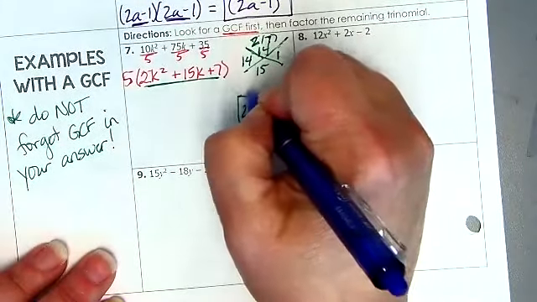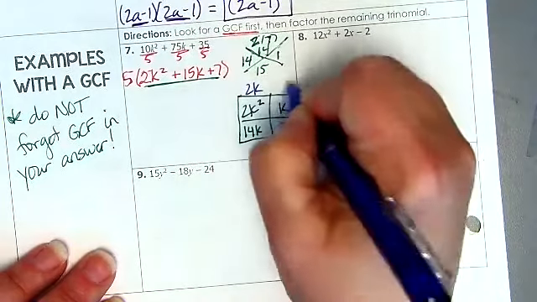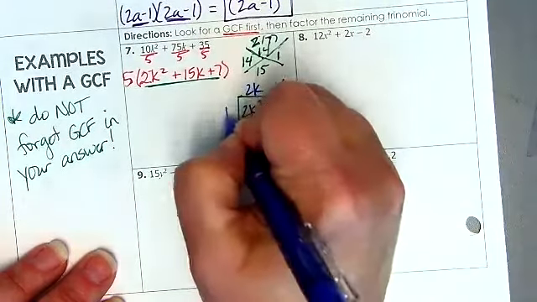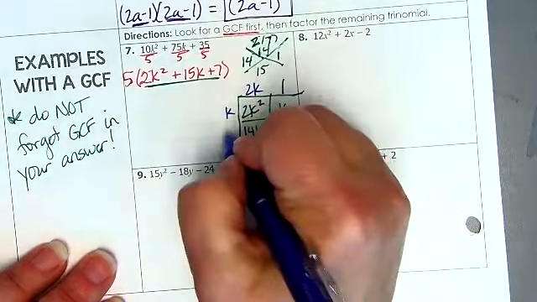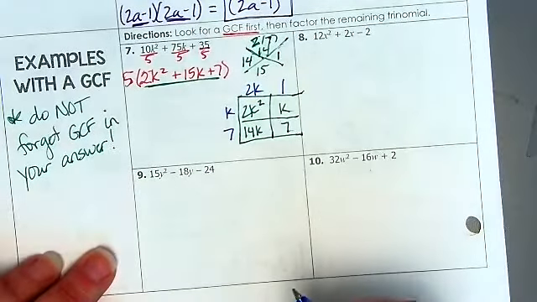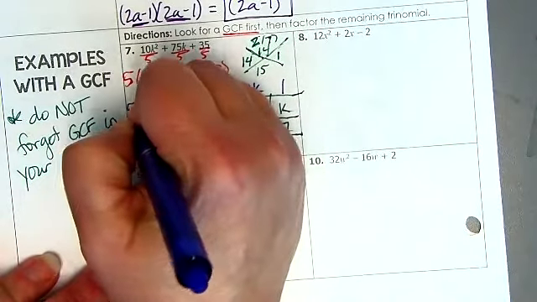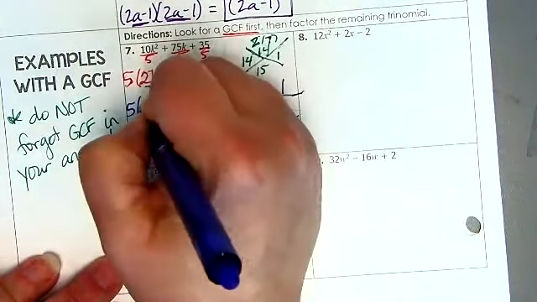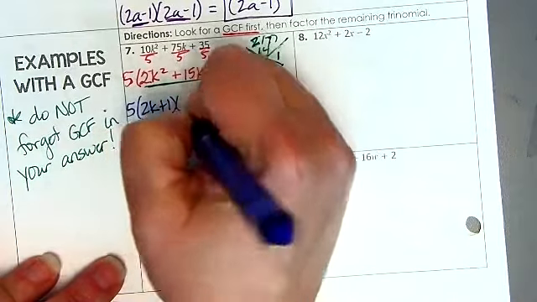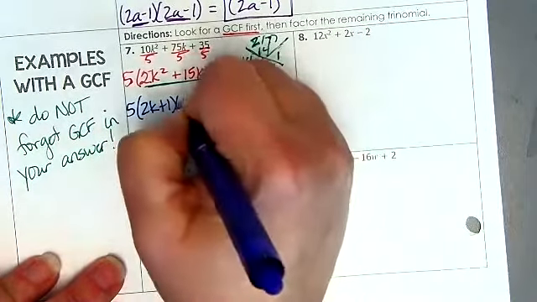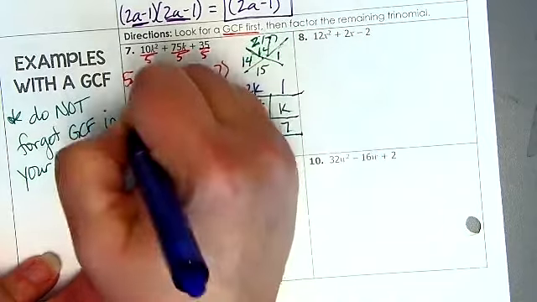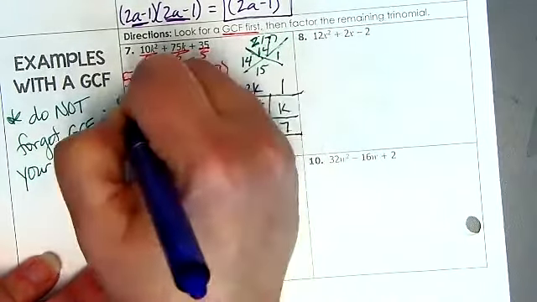So the left side is going to be 2k. This is going to be a 1. This is going to be k on the top and 7 on the bottom. So therefore, my final answer is the GCF 5 times 2k plus 1 times k plus 7. This is my final answer.